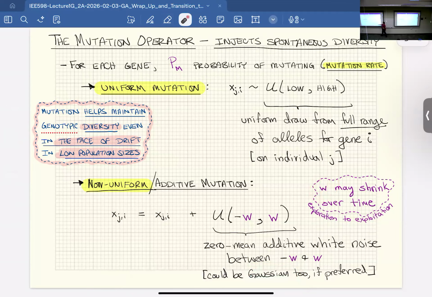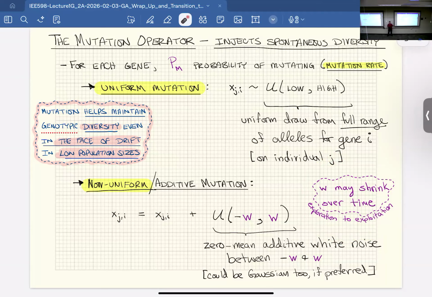Well, every generation, maybe I decrease W by 1%. So then over 100 generations, I turn off mutation in the very last generation. So that's a way to shift from mutation for exploration to mutation for exploitation to just turning mutation off. And so it is very common to come up with a schedule of turning the mutation rate down, similar to having a schedule of turning the crossover rate down.